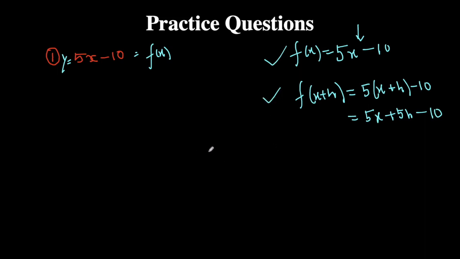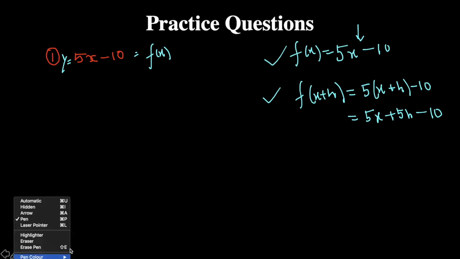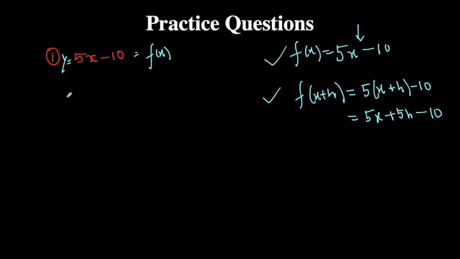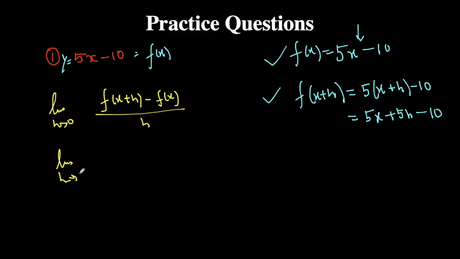Then we will write the formula. The formula is limit h tends to 0 of f of x plus h minus f of x over h. So limit h tends to 0.